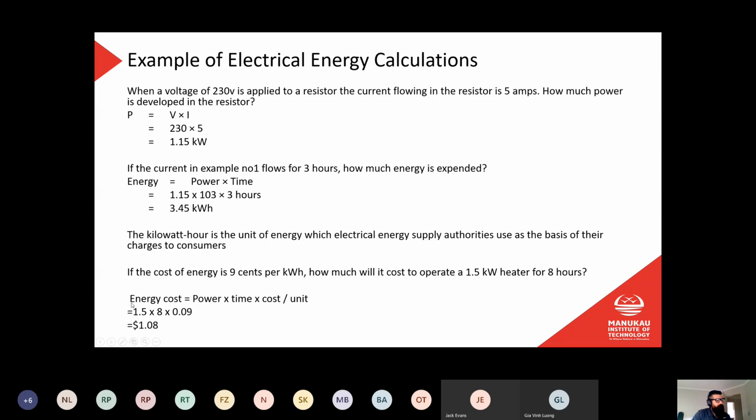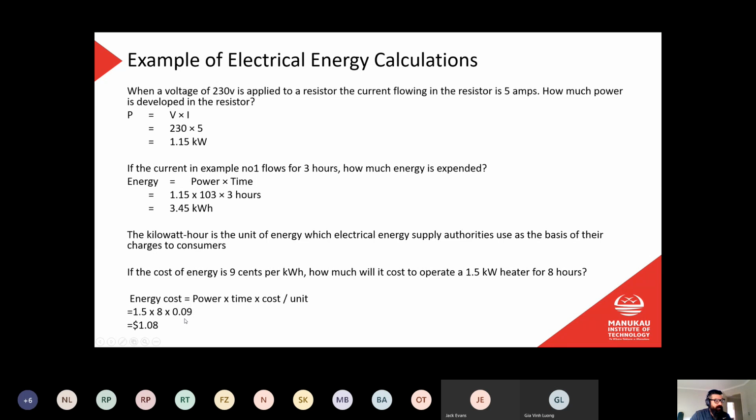So it'd be 1.5, that's the amount of power, because it's a 1.5 kilowatt heater. Multiply that by 8, because we're using it for 8 hours. And that gives us our kilowatt hours. So that would be 12 kilowatt hours.